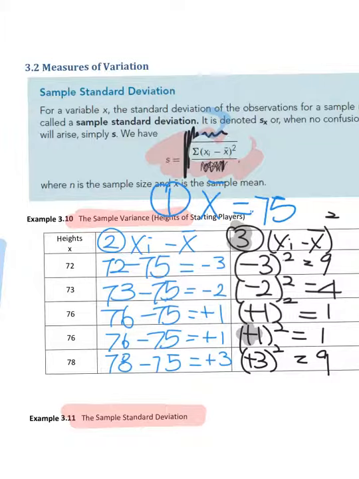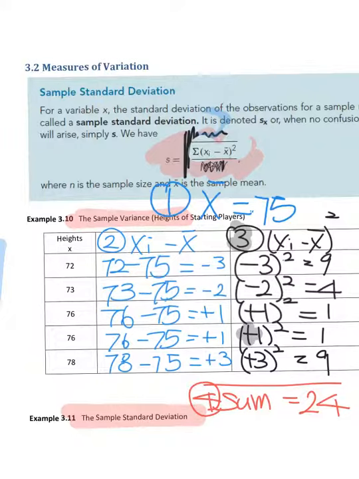What does that mean in math? Take the sum. Yes, take the sum. Step 4, take the sum, please. 9, 4, 1, 1, 9. 1 and 9 will be 10 twice. The sum will be 24. How many steps? 5 steps for the variance.